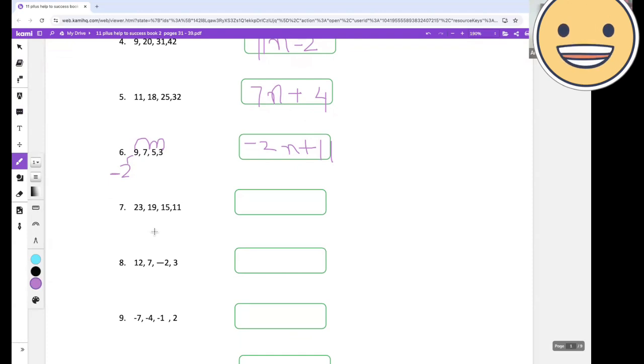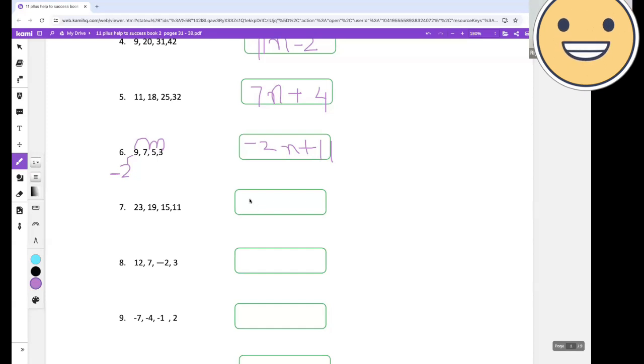So how would you do this now? Anyone with this one? Raise your hands if you're ready to give the answer for this one. Ria, want to give the answer for number 7?